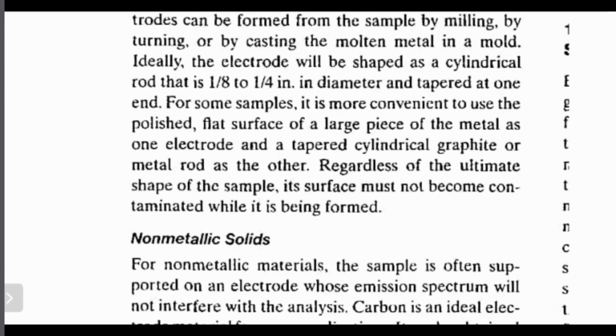There we need not make any taper. One electrode is a polished, flat surface electrode, and the other is a tapered cylindrical graphite electrode or a metal rod. So there are two methods for the analysis, and it depends completely on the property of the element.